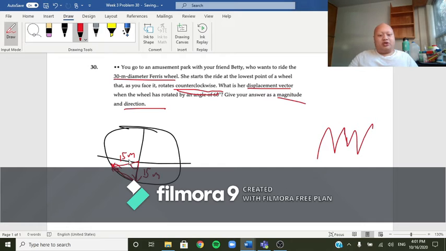As you can see, we made an isosceles triangle where both sides are 15 meters. Remember, every radius in the same circle is congruent, so these two sides are congruent.